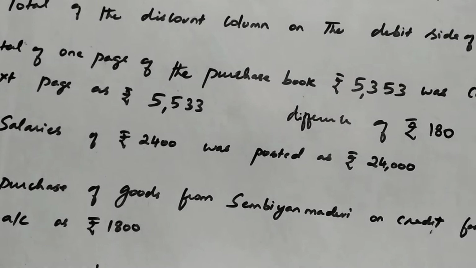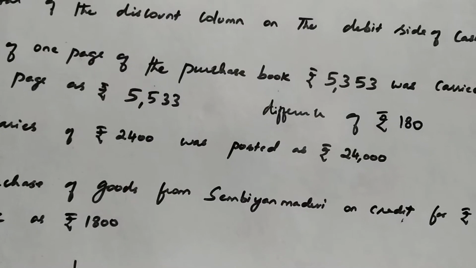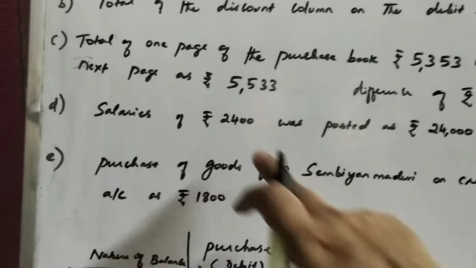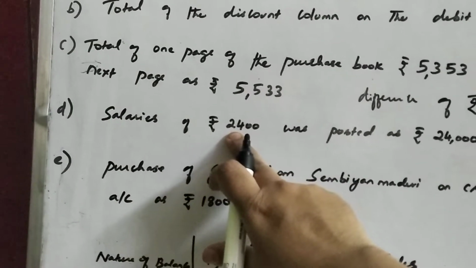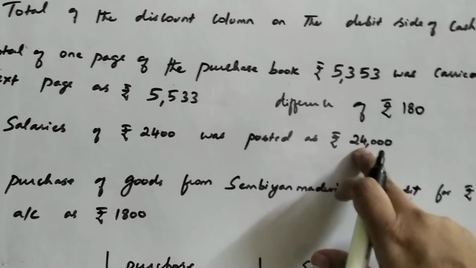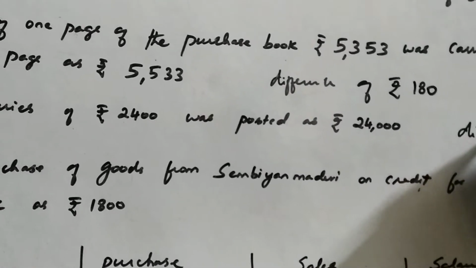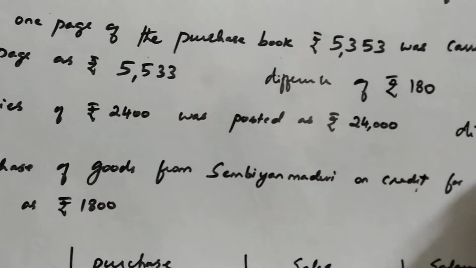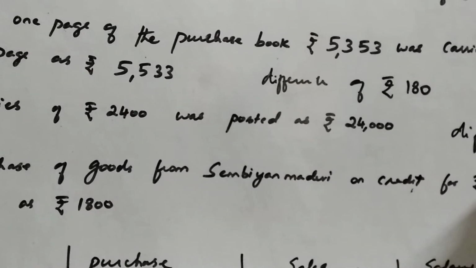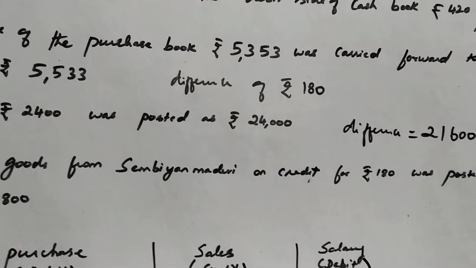The next one, salaries of rupees 2,400 was posted as 24,000. So it is in excess. The actual amount is just 2,400, but it has been posted wrongly as 24,000. There is a difference of 21,600. Am I right? 21,600. It is overcast.